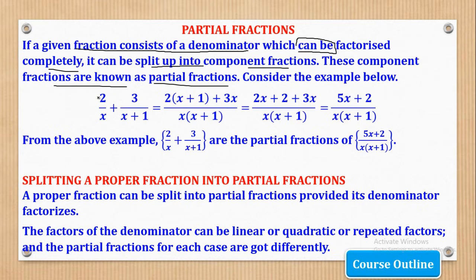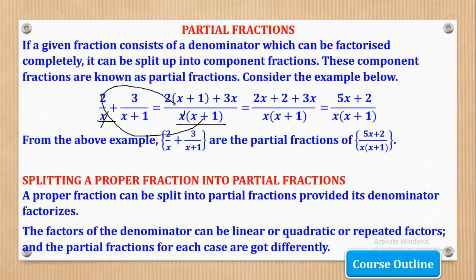For example, if I have this and I want to add them up, I think you remember this from O-level, the first thing to do is to get the LCM. The LCM of this and this is the product. Therefore I say this LCM divided by this, x will cancel, you remain with x plus 1. Then x plus 1 times 2 gives you this part.